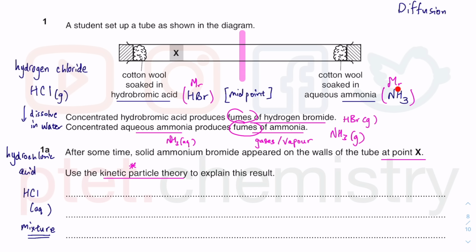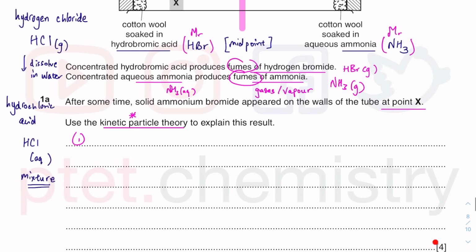Look at your periodic table, use the relative atomic mass, total up or add together all the individual relative atomic masses depending on how many atoms you have. All this was in the last lecture tutorial. So first of all, I need to have 4 points to get 4 marks altogether.